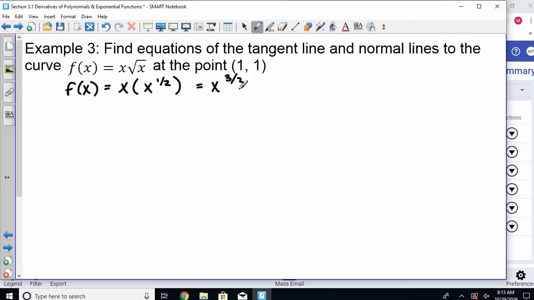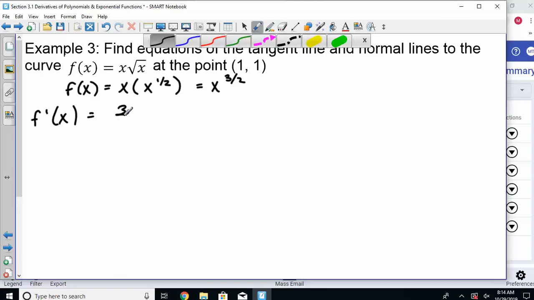So now we can do our derivative. Exponent comes down, 3/2. Subtract 1 from the power, 3/2 minus 1 will be 1/2. So that's our derivative.